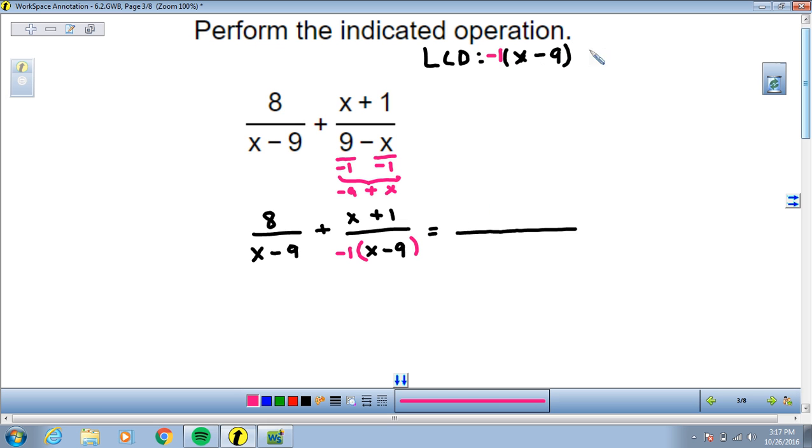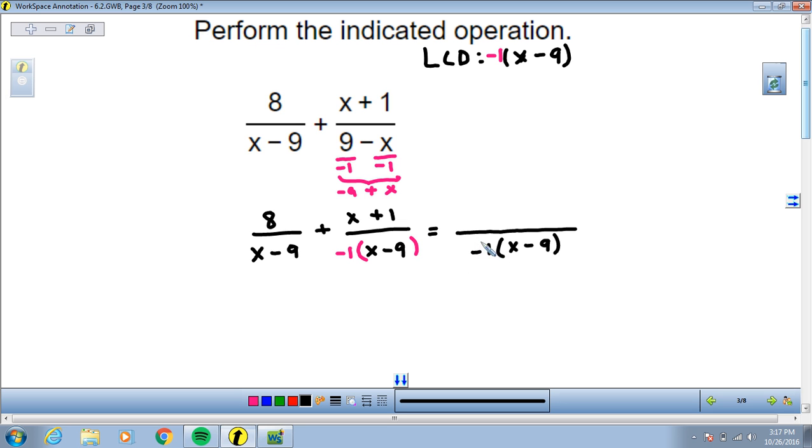Negative 1 times x minus 9. So let's put that on my new denominator. Just keep in mind that you don't have to put negative 1 whenever you put your final answer. Negative 1 would be the same thing as just putting a negative in front of that parenthesis. We know that there's a 1 just by putting a negative. For right now, I'm going to leave it there, but at the end, we're going to remove that 1 and just keep that negative.